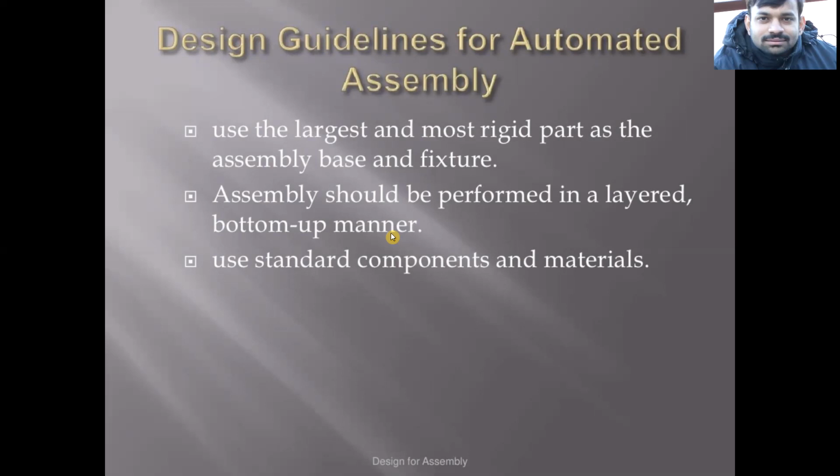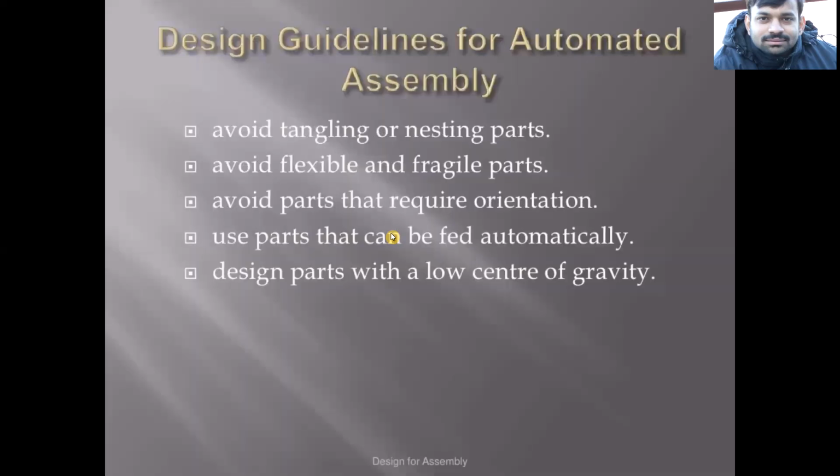Use standard components and materials. As discussed previously also, using standard components and materials will bring down the assembling cost. Then avoid tangling or nesting parts. Avoid flexible and fragile parts because they can be breakable.